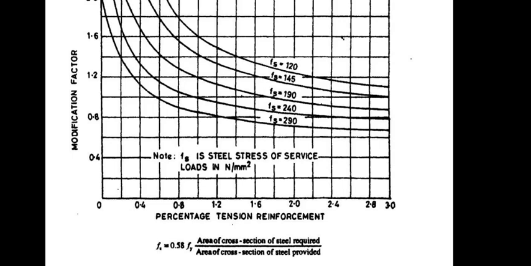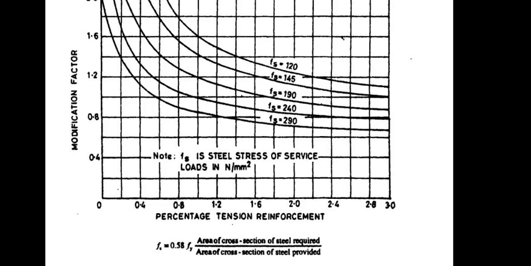So first check for Fs 240 and percentage of steel 0.33, the value of modification factor is almost 1.5. You can check this value with the help of pencil or scale. And for Fs 190 we can assume the value of modification factor 1.9.